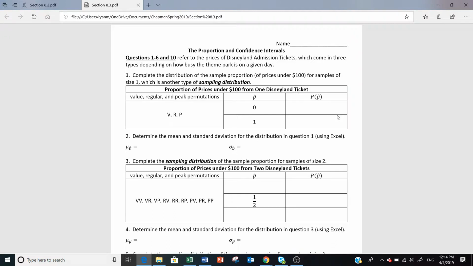What about R and P? This one's 0. 0 values under 100 out of 1 value total, it's 0. P, again, is 0 values under 100 over 1, which is 0.